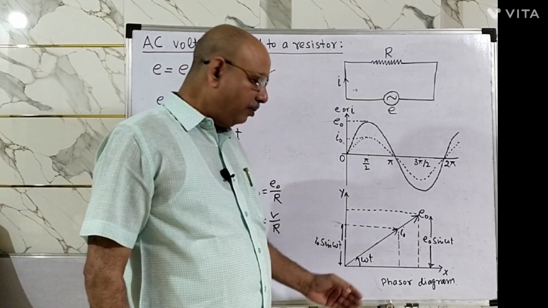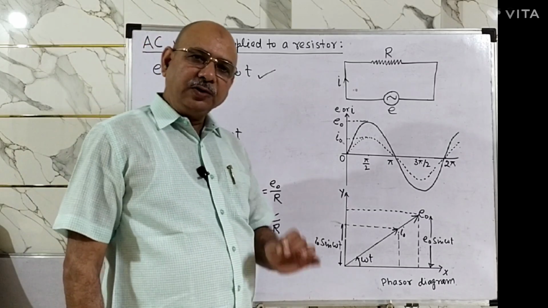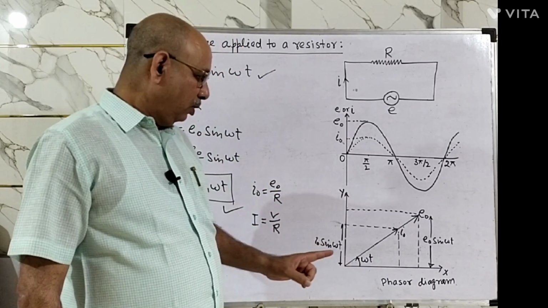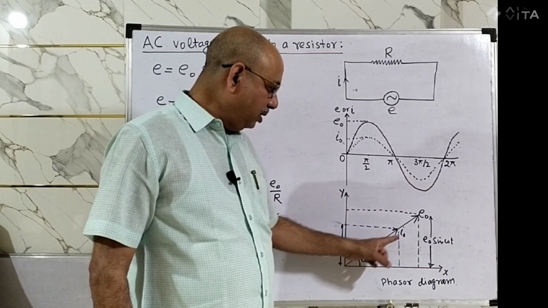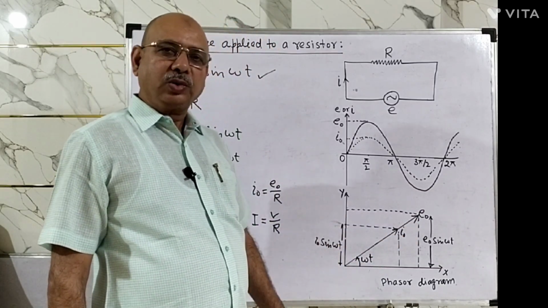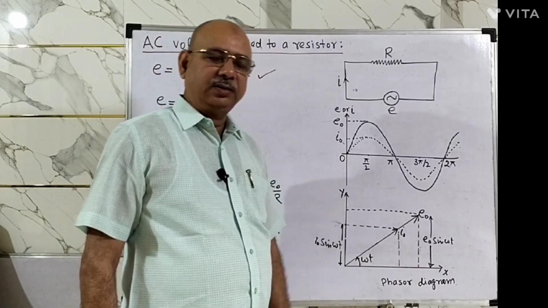Let's see the phasor diagram of current and EMF. Since phase difference is 0, therefore the phasor of this E0 and this I0 both make an angle of omega t with the x-axis.